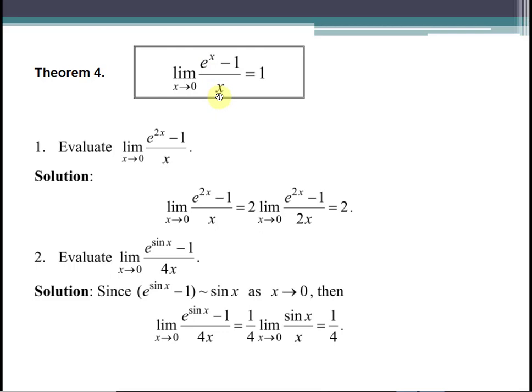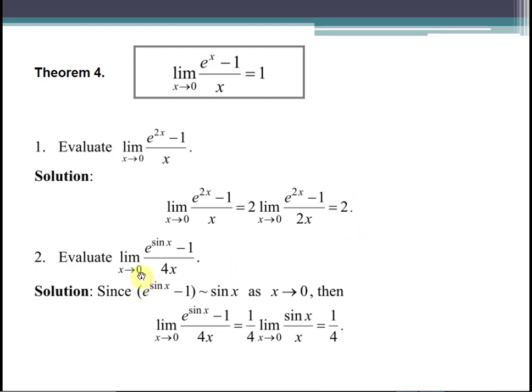So what should we do? Yes, multiply by 2 and divide by 2. And there is no change when we multiply and divide by the same expression. So the expression is now e to the power of 2x minus 1 over 2x as x tends to 0, and coefficient 2. So this limit tends to 1, using Theorem 4. And our limit tends to 2.